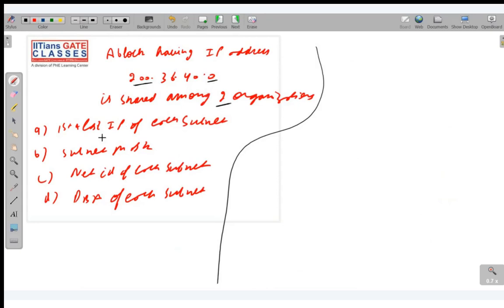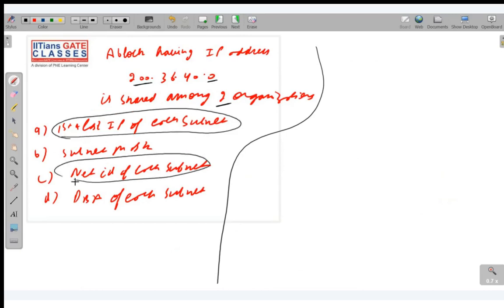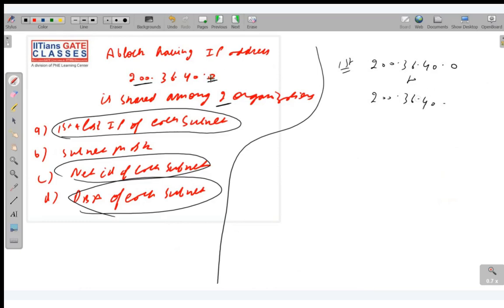First and last IP address of each subnet. If we find this, then directly and indirectly we have answered this also. For the first organization we will have 200.36.40.0 to 200.36.40.127, because 1 bit we have borrowed, so the last 7 bits give 127.